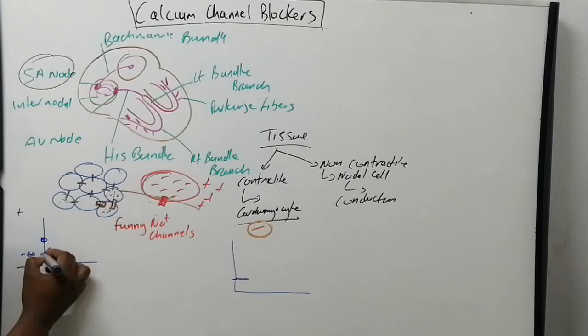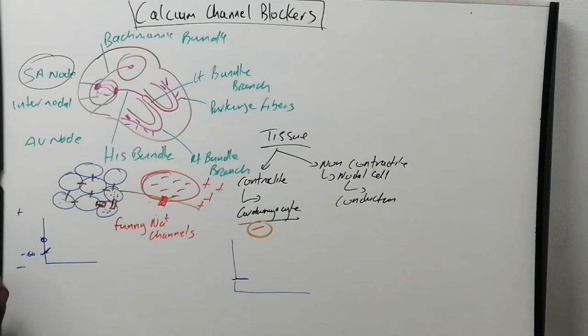So they allow sodium to come in. As the sodium comes in, close to threshold potential, those sodium channels take the membrane from the resting state and push it towards the threshold potential.